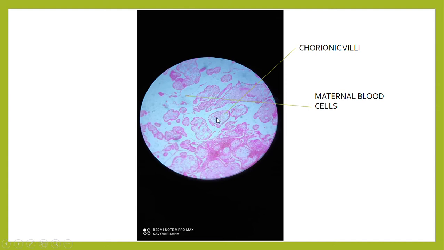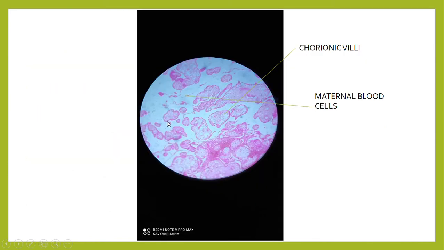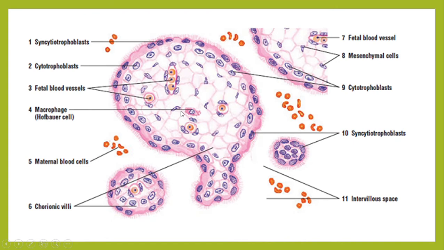Mesenchymal cells or extra embryonic mesodermal cells can be seen, and the small openings inside represent the blood vessels. Okay, so this can be seen in a single section. This is the diagram showing a single chorionic villi. If we magnify each of these structures, this is the view that can be seen.